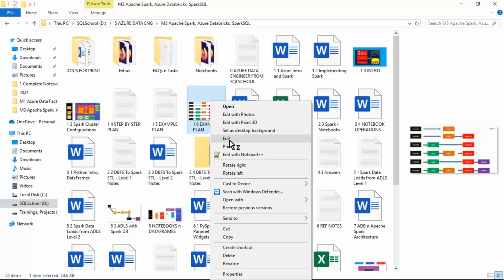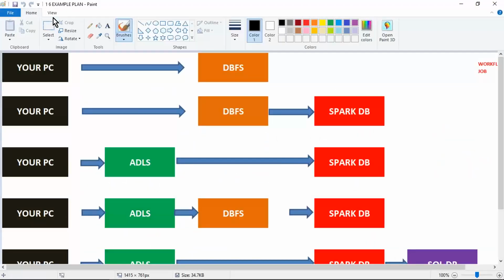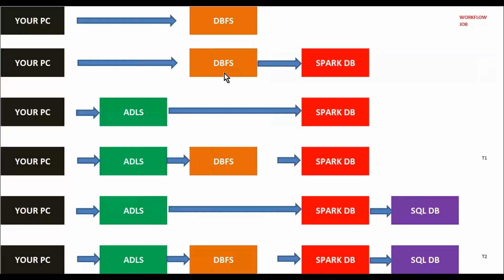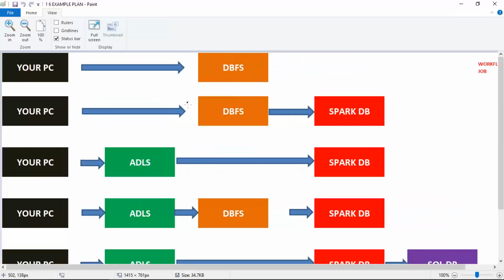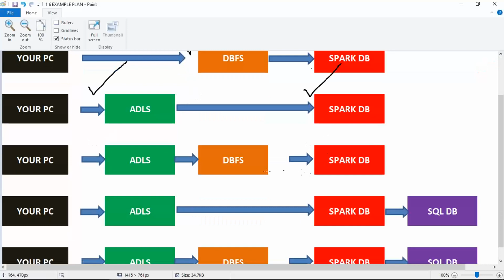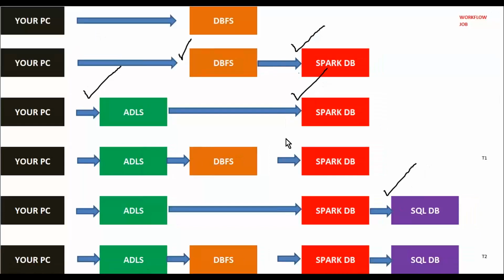In our examples, we have been learning how to create a data frame, say spark.read.csv. We got one data frame, we aggregate the data, then another data frame to load the data, one data frame to capture ADLS data, another data frame to store the data into Spark DB, temporary views, or a data frame to write data to a SQL database.